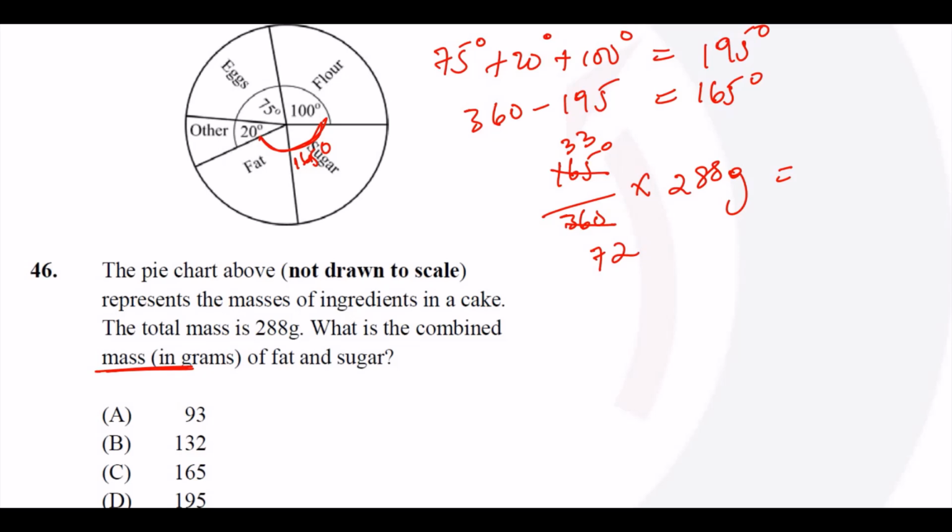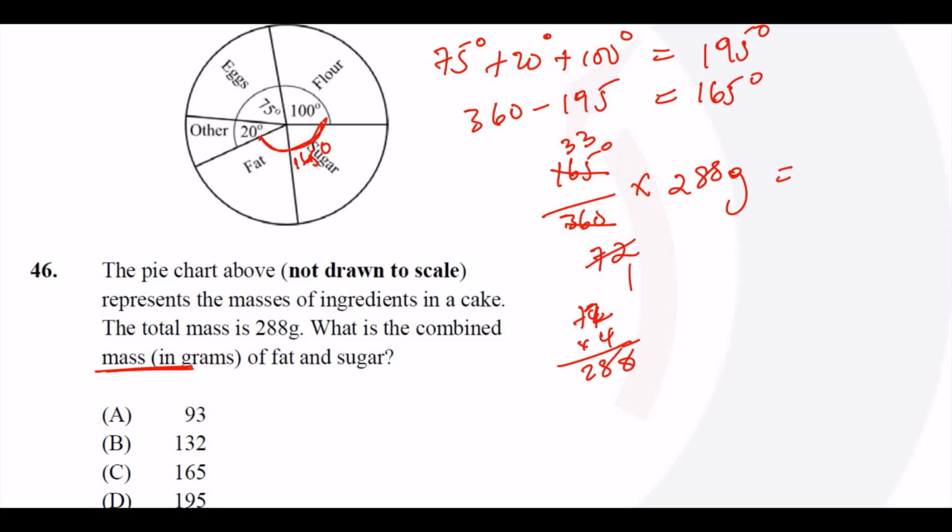And then we can break down again. 72 into 288, because let's multiply 72 by 4. 4 2s are 8, and 7 4s are 28. Good.